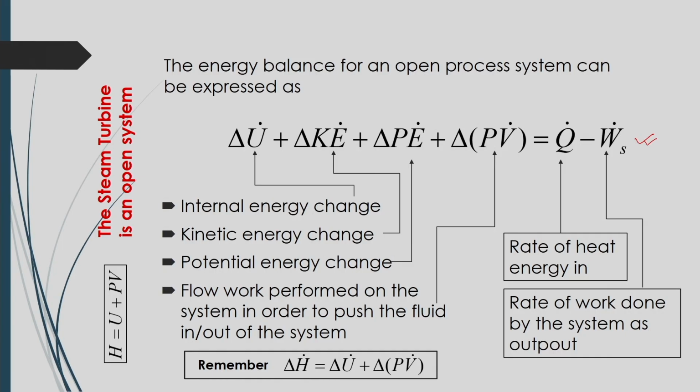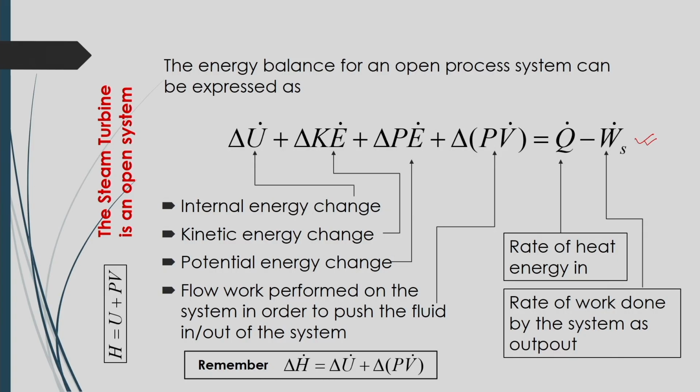And those energies as a sum will be contributed by the net energy supply to the system. Now, that net energy supply to the system basically comes from the heat energy supplied to the system and how much work is done by the system there.